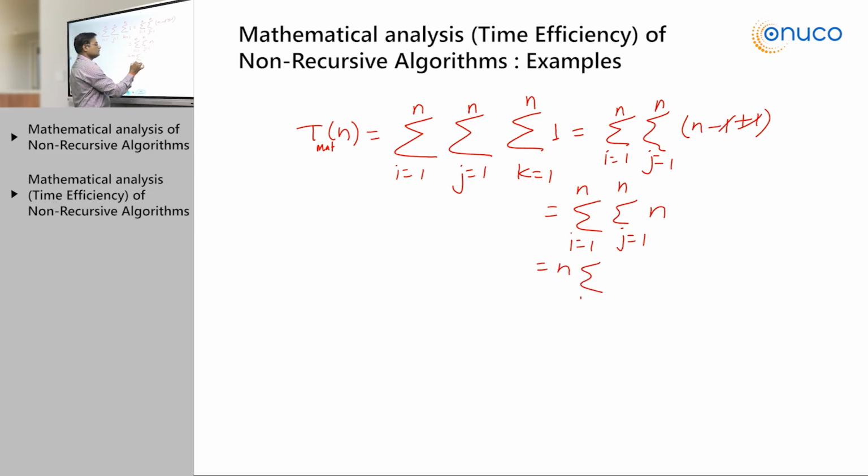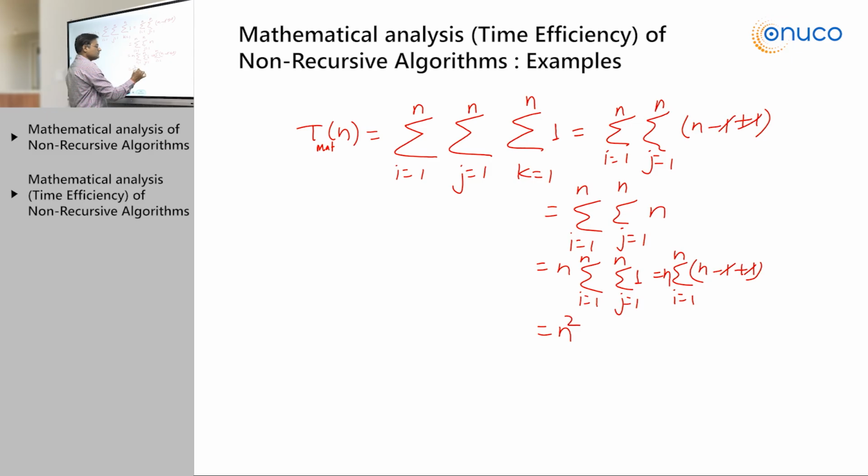So now it looks like i is equal to 1 to n, j is equal to 1 to n, and if we are taking n out, what is left here? 1. n into 1 is n. Again you simplify this in the same way. j is equal to 1, upper limit minus lower limit plus 1, n minus 1 plus 1, right? This 1 and 1 got cancelled. Again n is left. So again this n does not depend on i, where the value of i is 1 to n. Hence you can take n out.